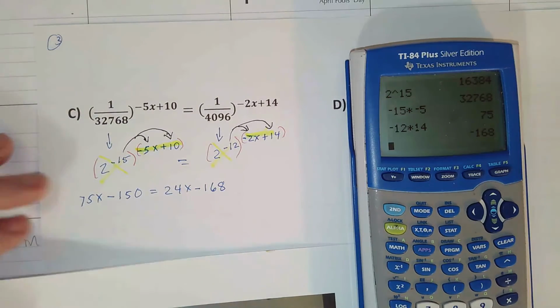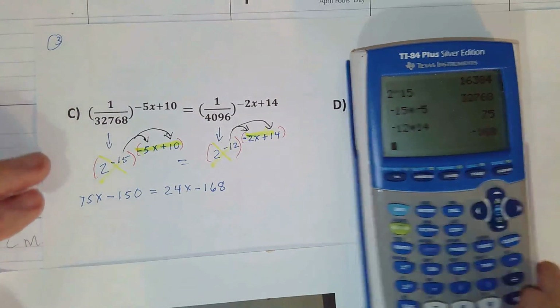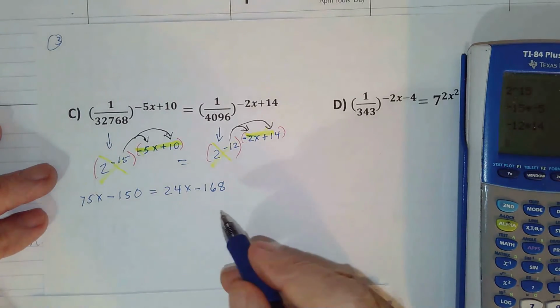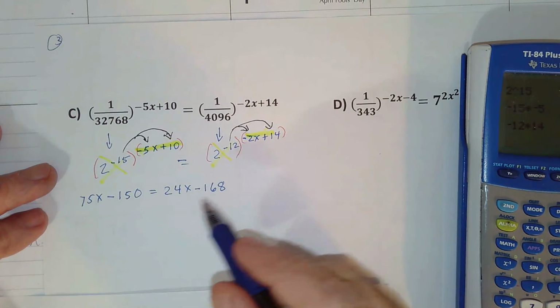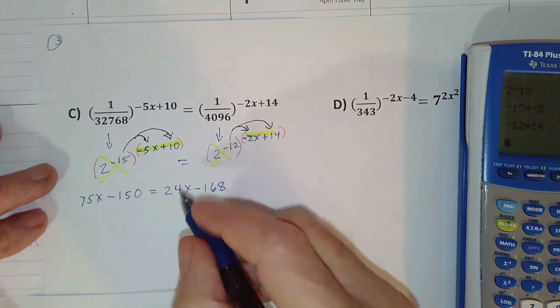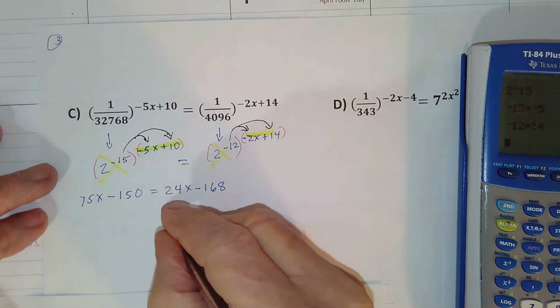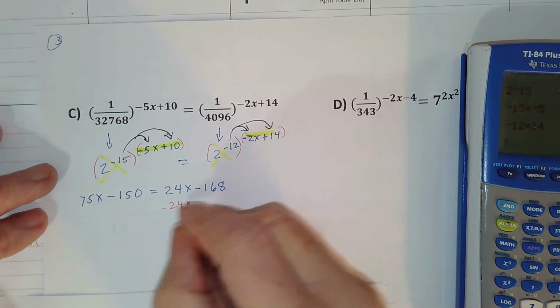Okay. All right, so we're back again to a simple linear equation. We want to simplify. We want to get x by itself, so we got 75 and 24. Let's subtract the 24x on both sides.